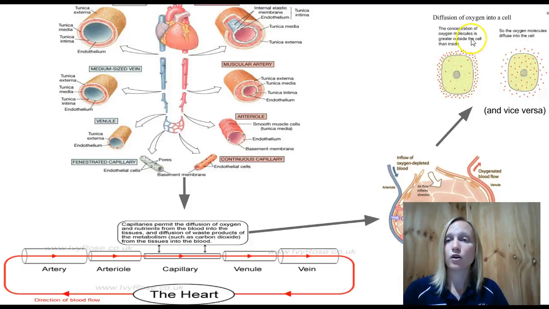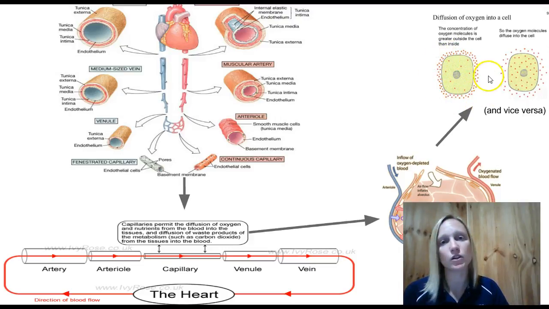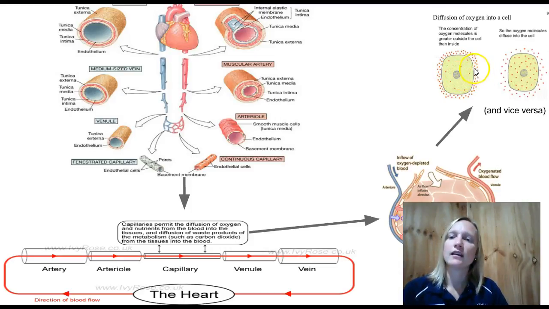So if you've got lots of oxygen here outside a cell, imagine those red bits are oxygen molecules, okay? And that this greeny bluey yellowy colored thing is the cell, okay? Diffusion through this small membrane occurs because the oxygen wants to even itself out.